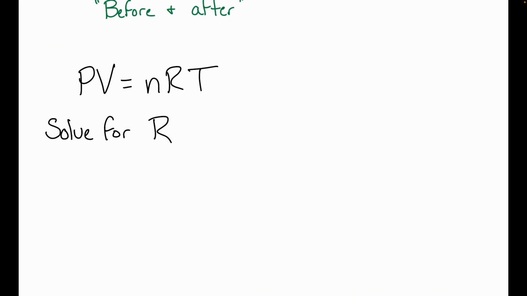So what we get is PV over nT is equal to that ideal gas constant.